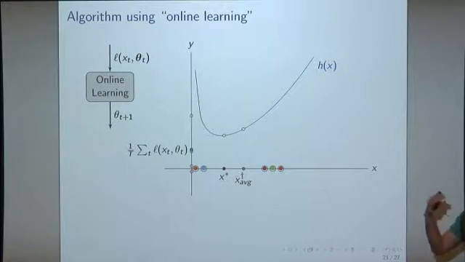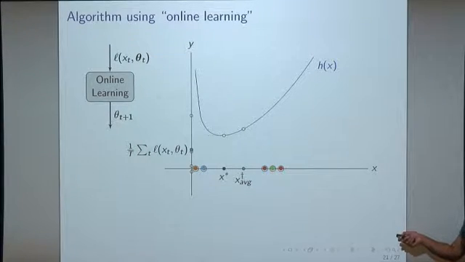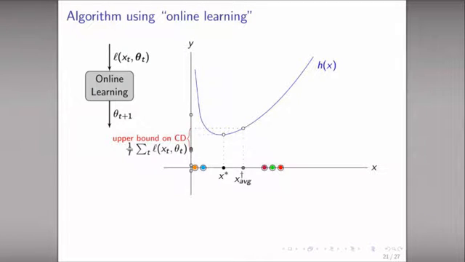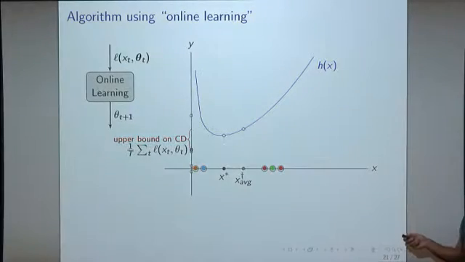This is what I pretended I was optimizing. What I'm going to argue is this is a lower bound on h of x star, and then this is an upper bound on the computative difference.